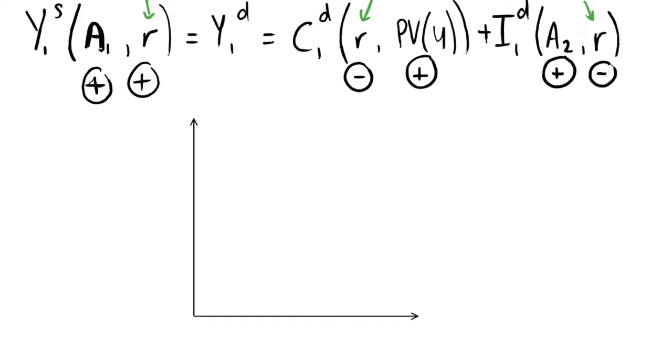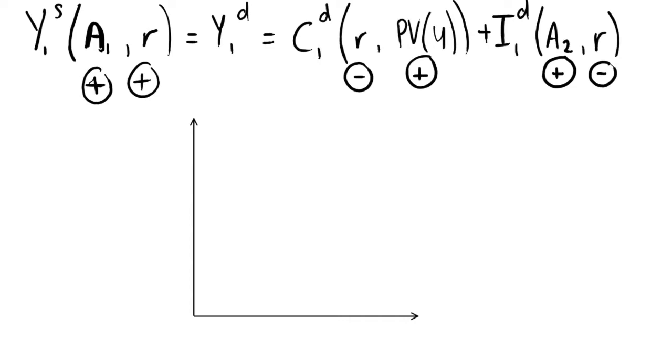So when we draw these graphs in interest rate space, where we have interest rate on the y-axis, we know the slopes of each of these curves, and it's given by the way interest rate affects each of these functions.